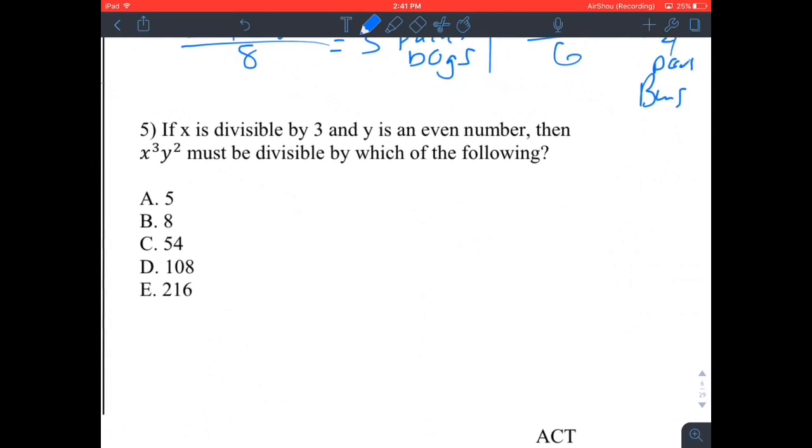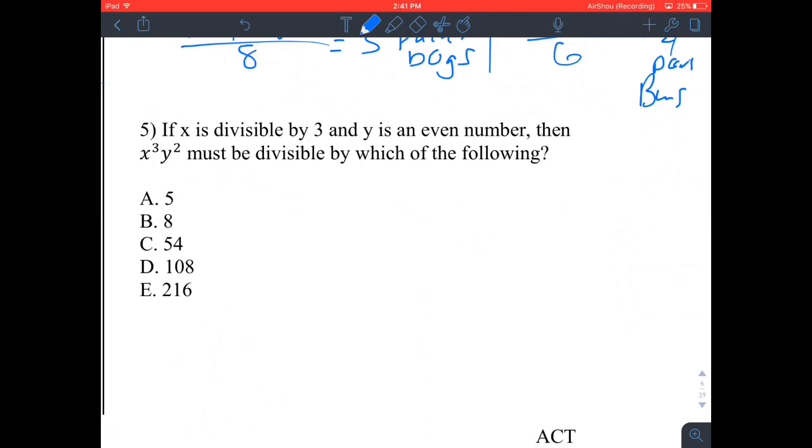Number 5. If x is divisible by 3, so 3 is a factor of x, and y is an even number, then x cubed and y squared must be divisible by which of the following? So here's what I would do for this. This is called choosing your own numbers.